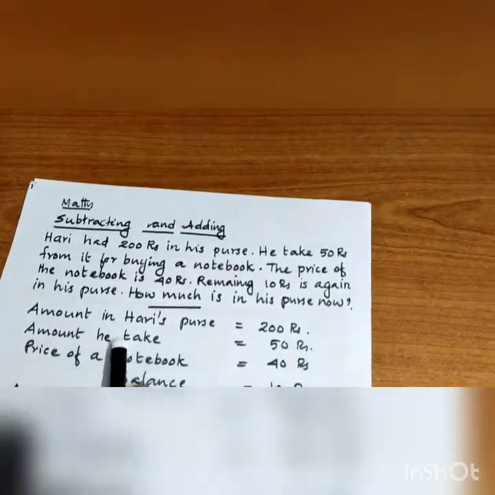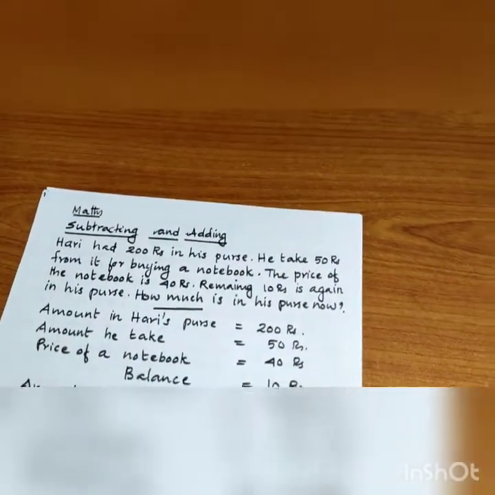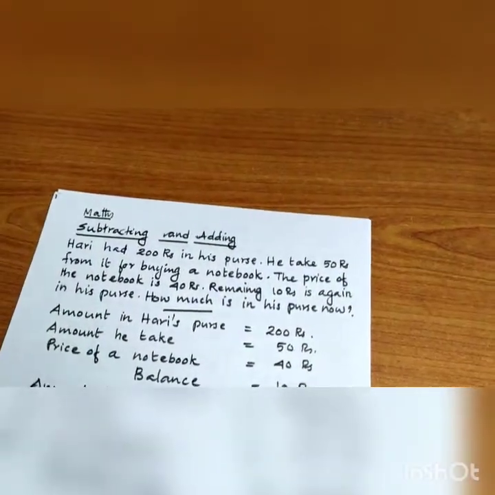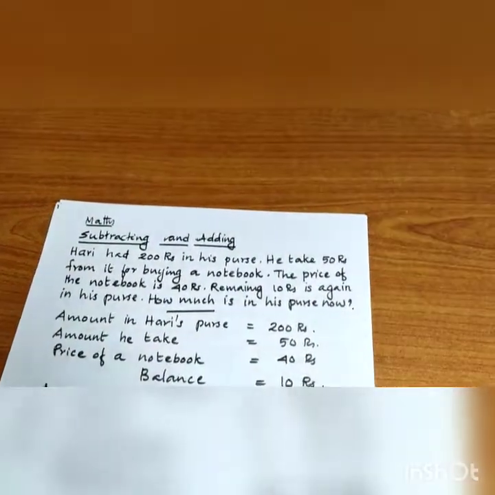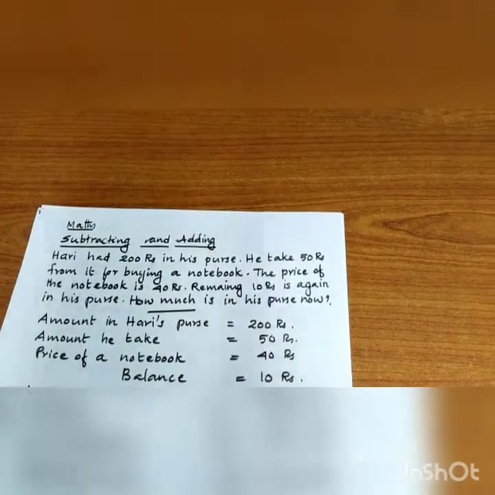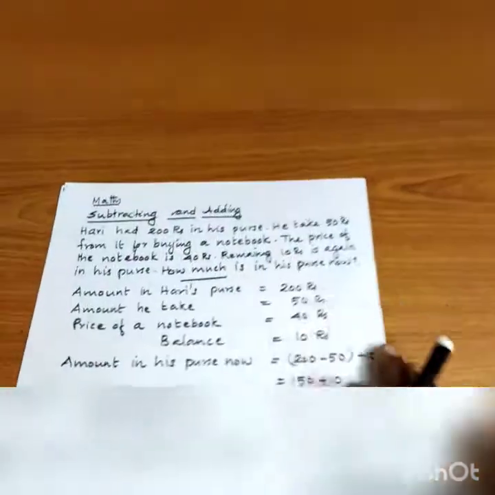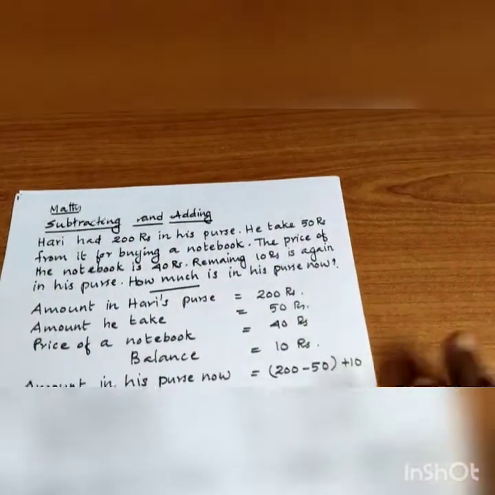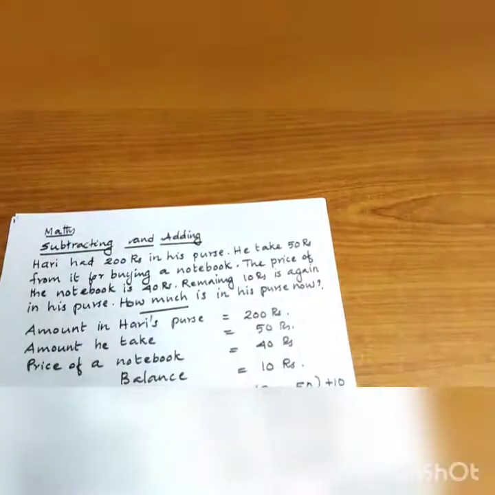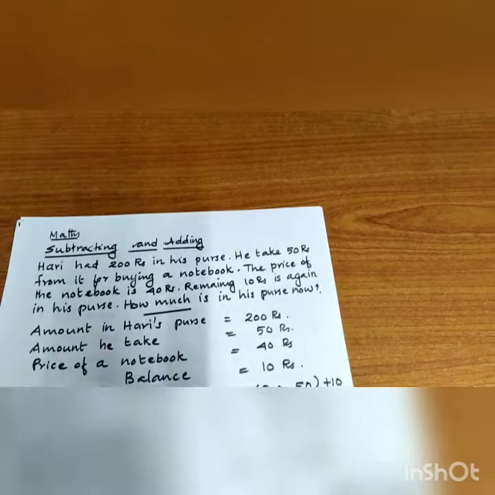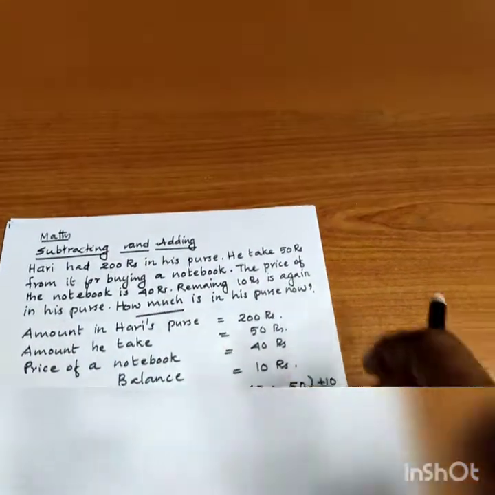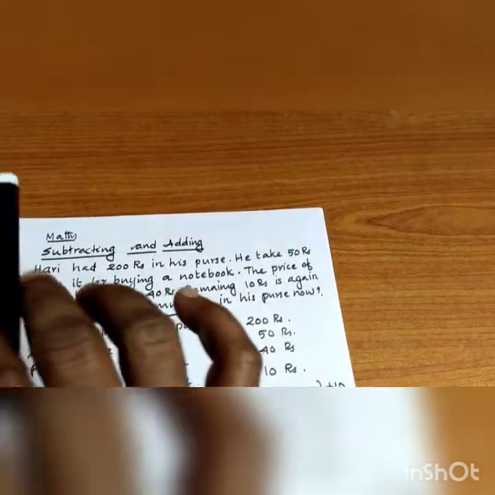First, the amount in Harry's purse is 200. Suppose there are 4 50 rupee notes in his purse. Among the 4 50 rupee notes, he took only 1.